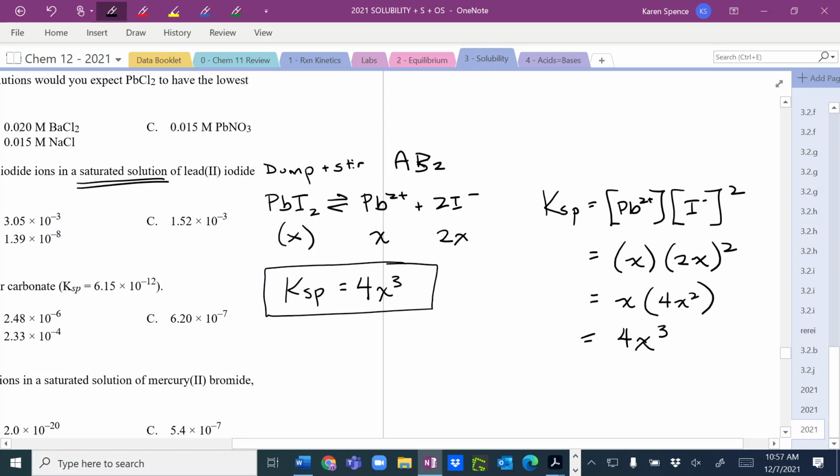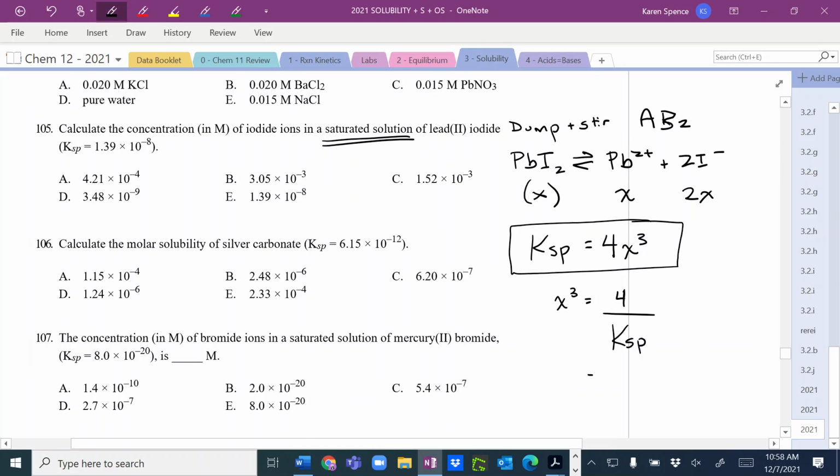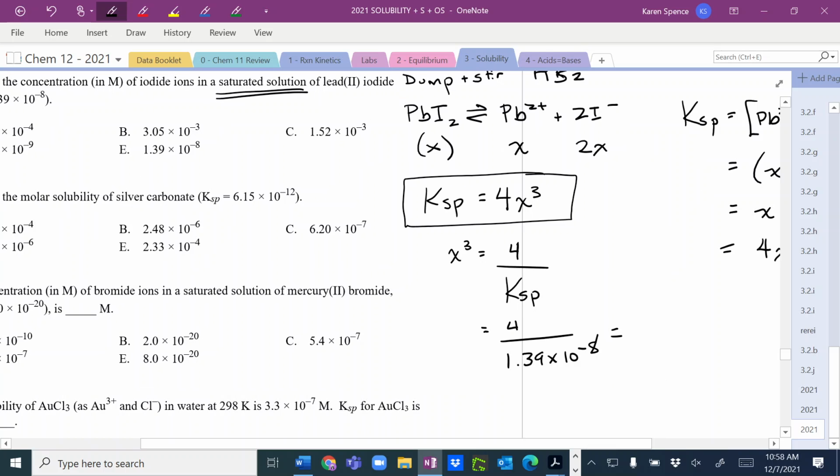So then x cubed is equal to KSP over 4, which is equal to 4 divided by 1.39 times 10 to the minus 8. Did I do that right?